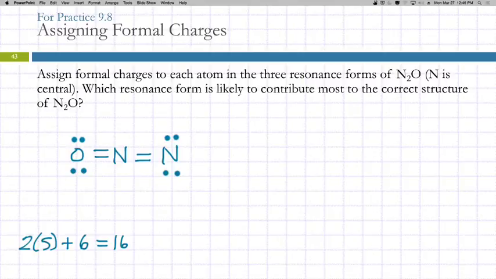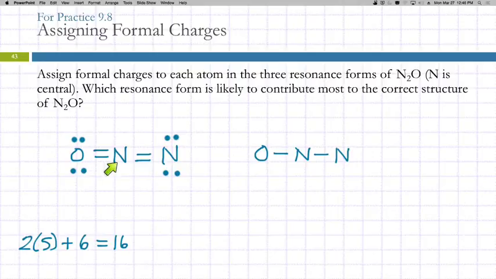So good. Could we draw other structures? We have to keep the organization here. When you're drawing resonance structures, you're not moving around what's connected. The structure stays the same. It's those multiple bonds that are moving around. So let's draw another one over here. Oxygen, nitrogen, nitrogen.